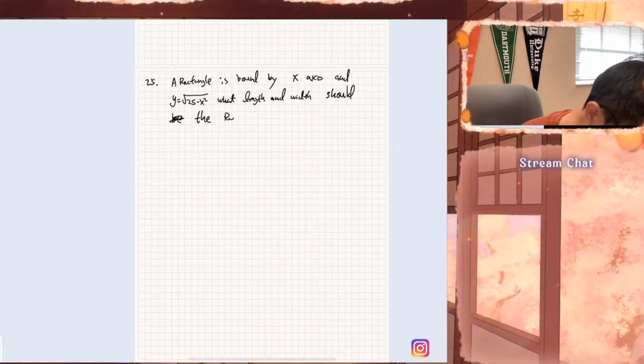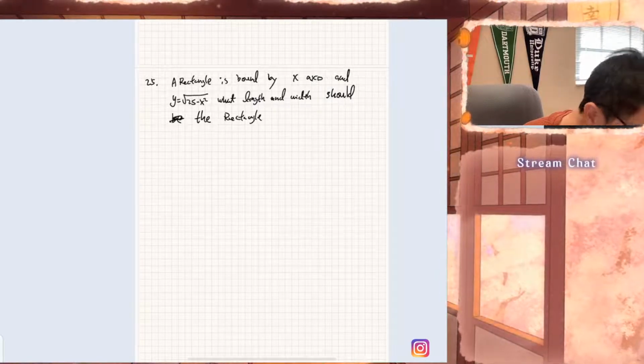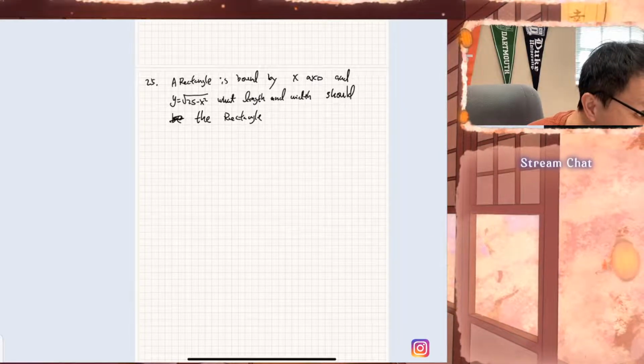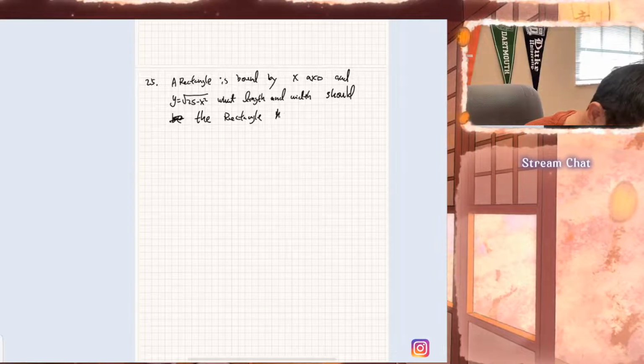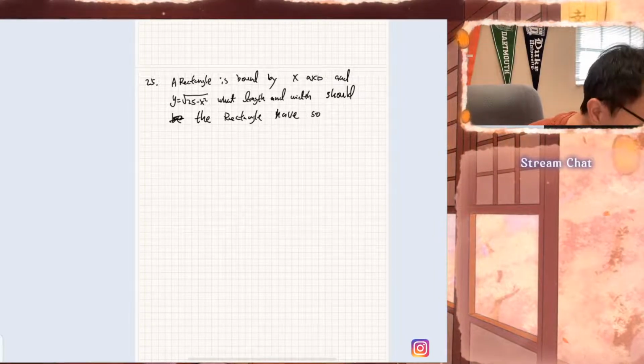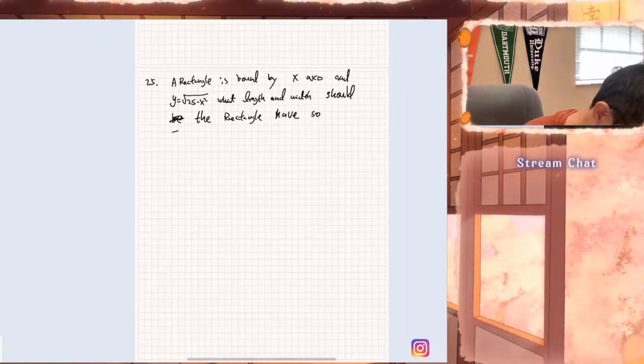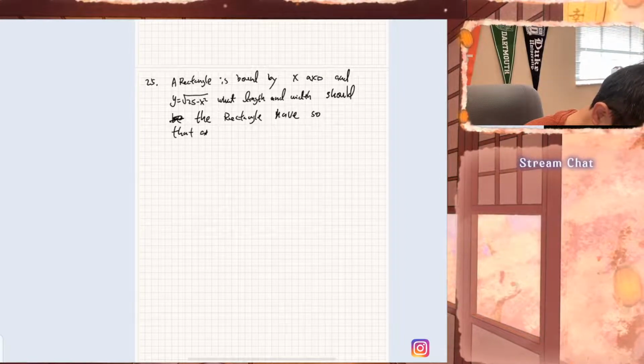This makes no sense. A rectangle is bounded by x-something. Oh, x. What you can do is show the rectangle how.